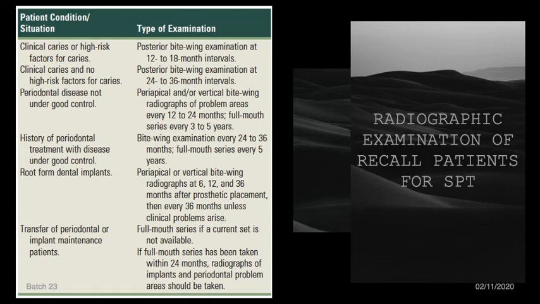Basically, if the patient shows some disease activity during this maintenance period, you have to take a radiograph for the site where there is disease. If there is no full mouth radiograph available, then you have to take a full mouth series. If a full mouth series was taken within 24 months, you can take a radiograph only for the precise site where the disease is, right?